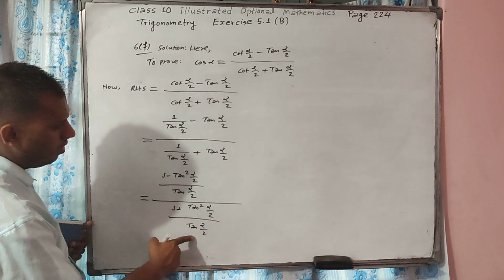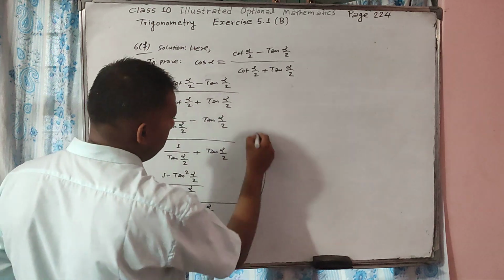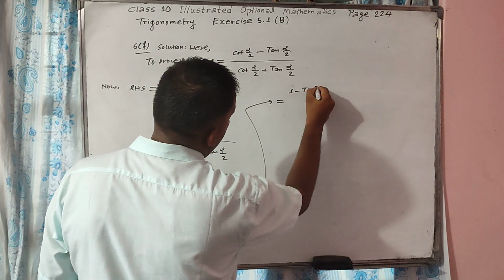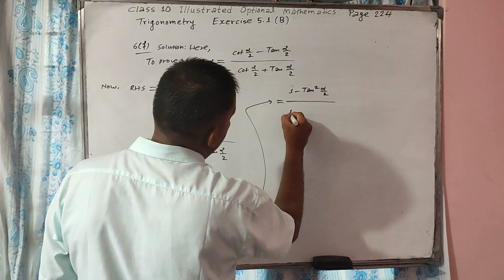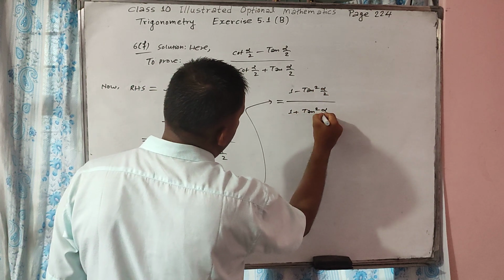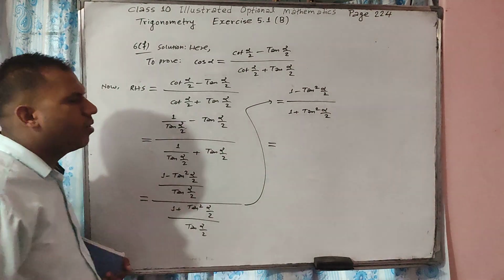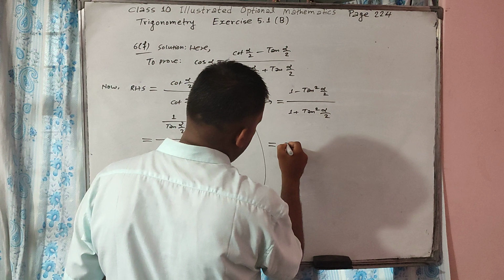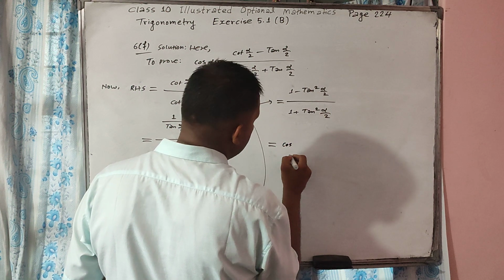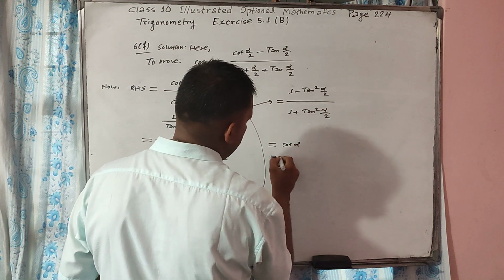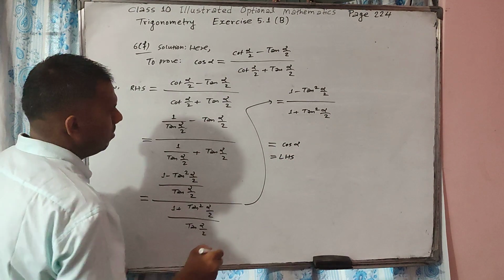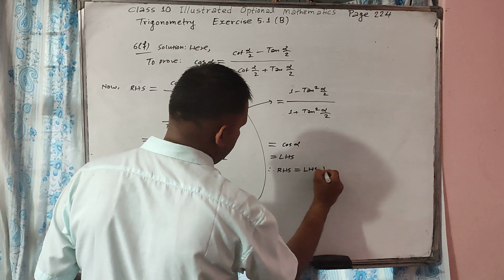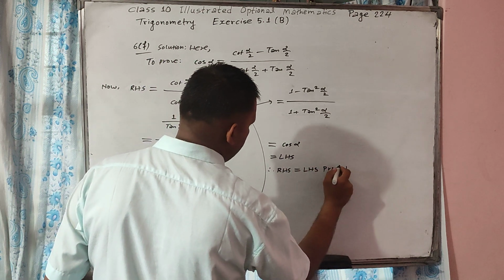Tan alpha by 2 cancels out, remaining 1 minus tan square alpha by 2 upon 1 plus tan square alpha by 2. This is the formula of cos 2 alpha in half angle form, equal to cos 2 times alpha by 2, that is cos alpha, equal to LHS. Therefore RHS equal to LHS. Proved.